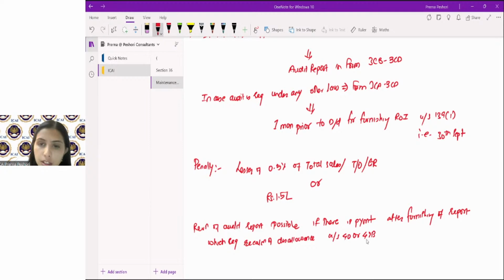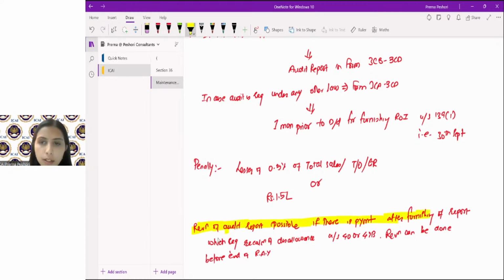And this revision can be done before the end of the relevant assessment year.